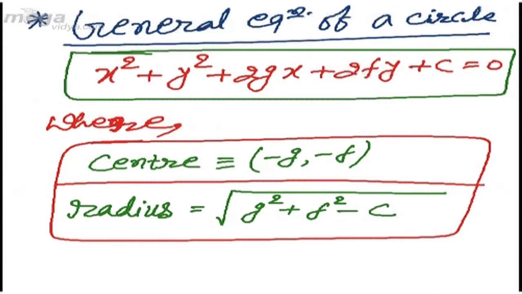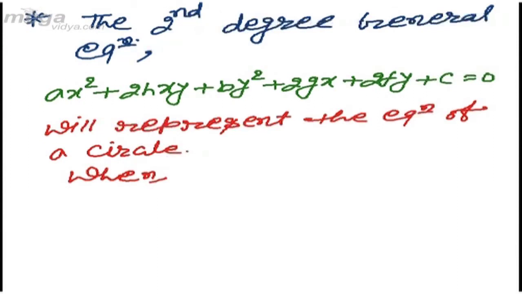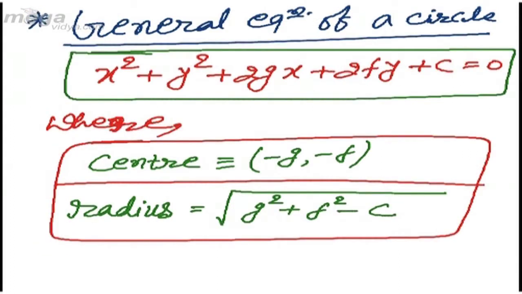So this equation will represent the equation of a circle when the coefficient of x square and the coefficient of y square are the same, that is when a is equal to b. And again we see in this equation there is no term which includes xy.